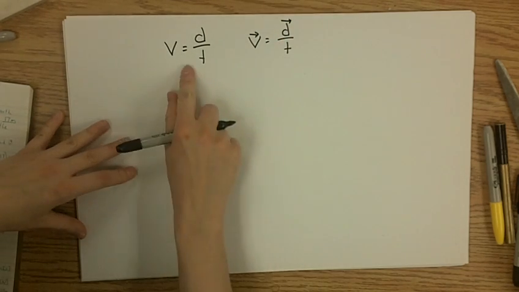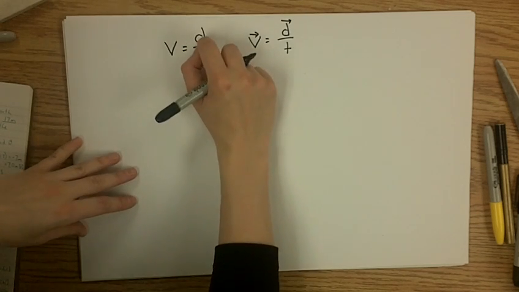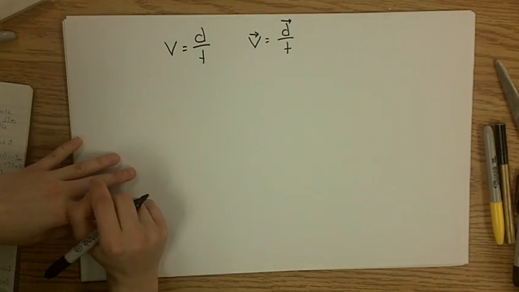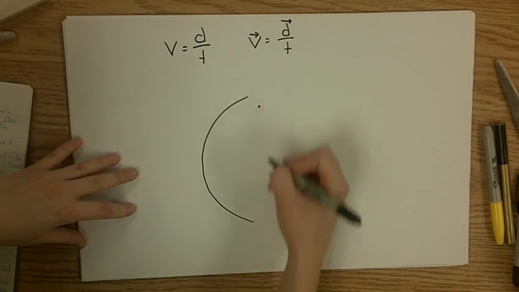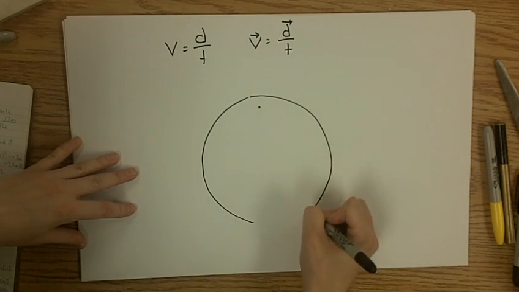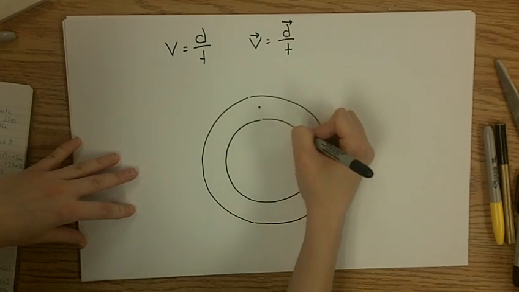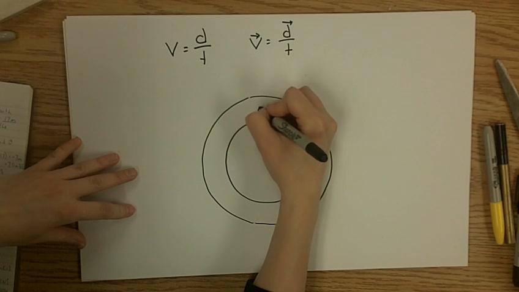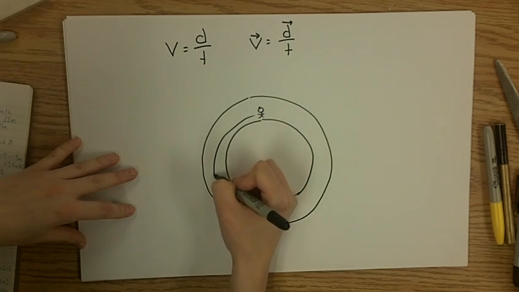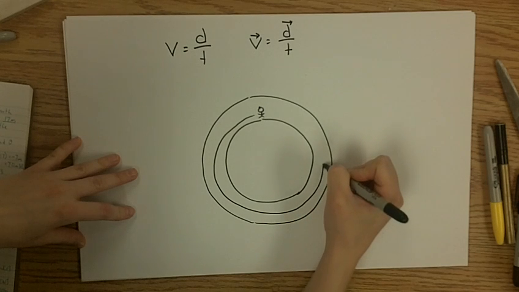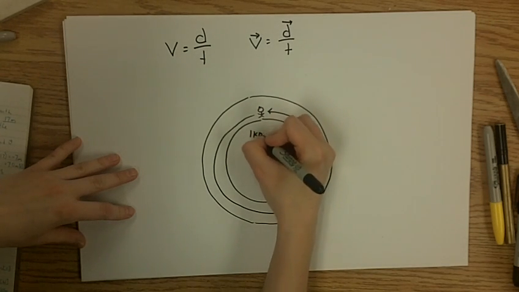Two formulas that look very similar but will give you different answers because of the fundamental difference between distance and displacement. To help you understand, think of a person running around a track. As the person runs around the track, they could be running quite fast. Say that this was a 1 kilometer track.